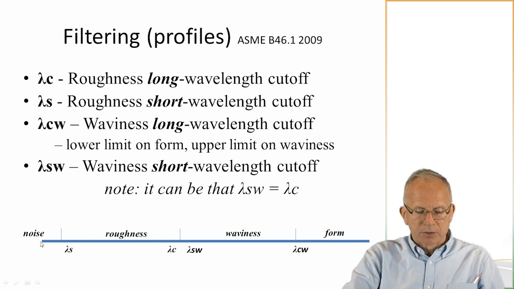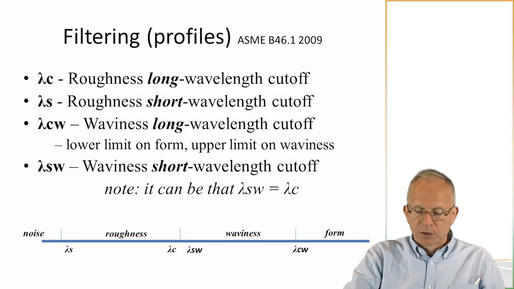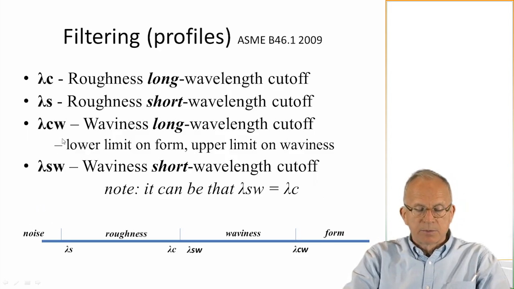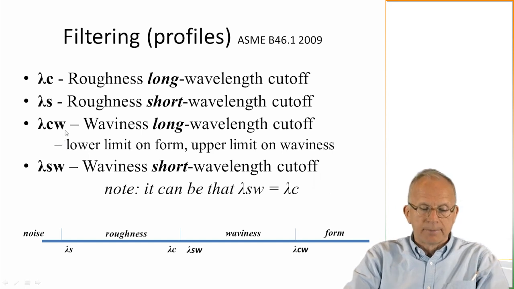If we look at a spectrum from very fine scale, high spatial frequency, small wavelengths, to large scale, small spatial frequency, long wavelengths, the upper limit of roughness is lambda C. The short limit of roughness is lambda S. It's thought that the very finest scales are noisy in this kind of decomposition.